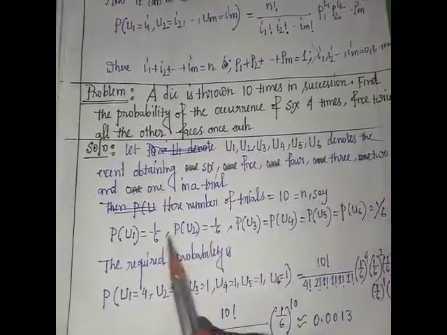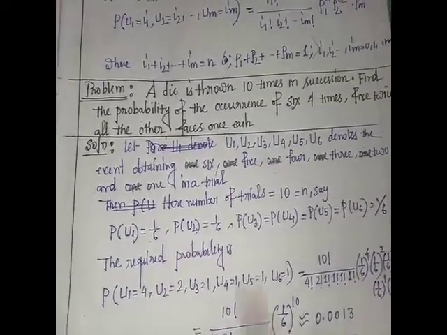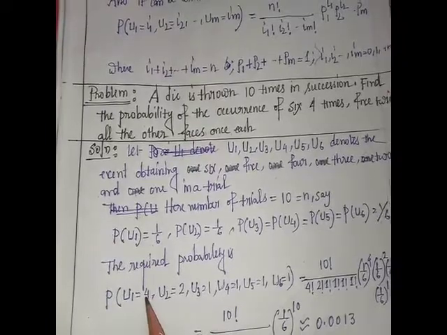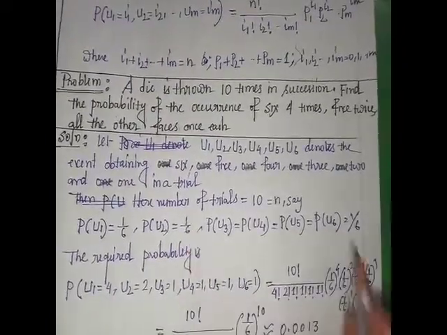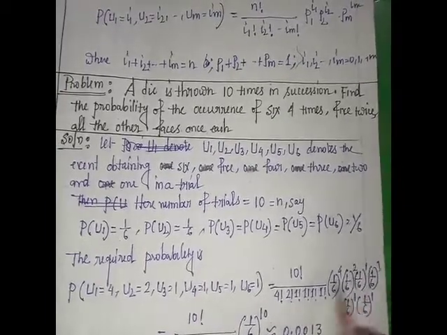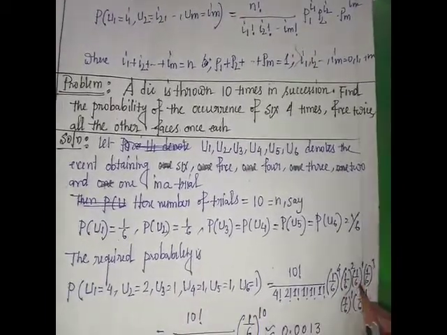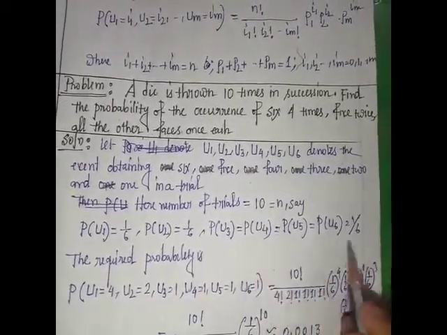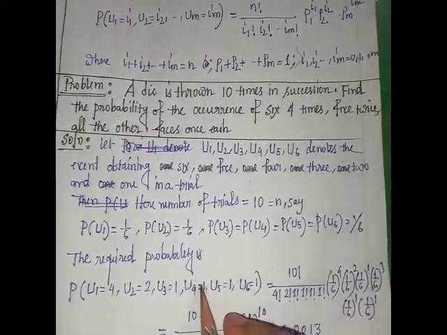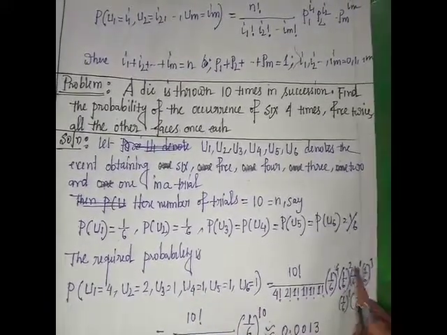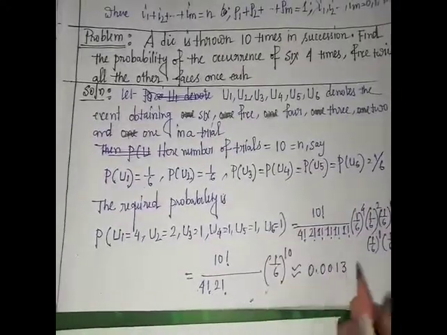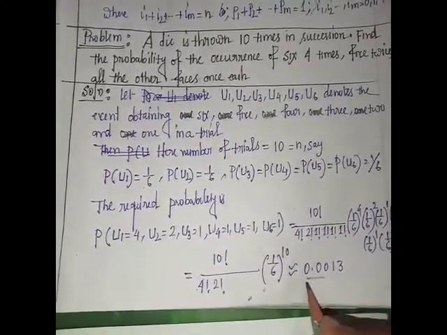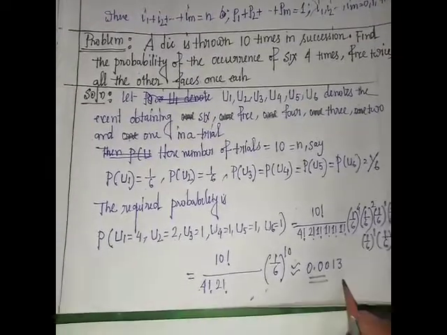Here p1 is 1 by 6 to the power i1, which is 4, p2 is 1 by 6 to the power i2, which is 2, and p3 is 1 by 6 to the power i3, which is 1, and similarly for the rest, each to the power 1. After calculation, we get the required result.